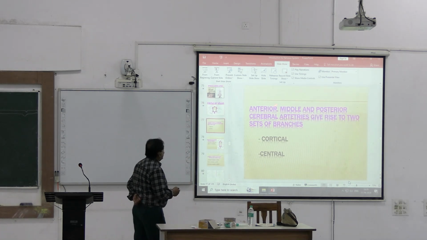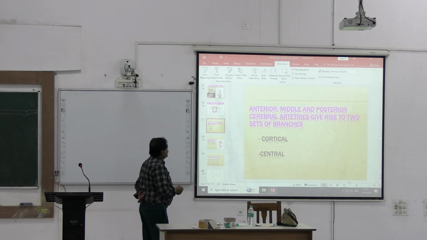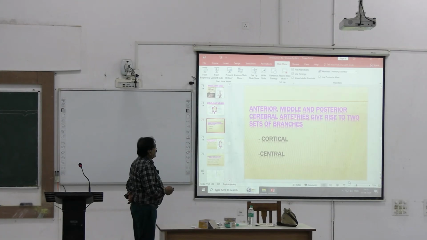Now, the anterior, middle and posterior cerebral arteries give rise to two sets of branches, cortical and central.